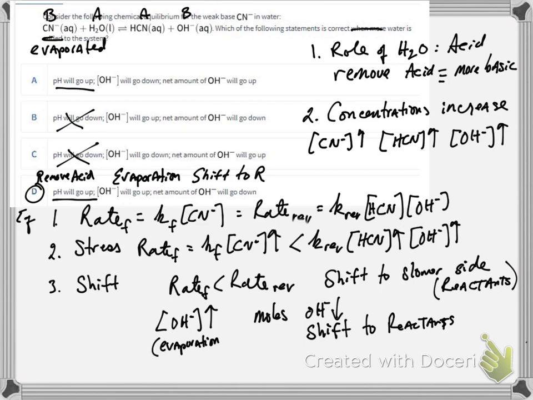So under evaporation, the concentration of hydroxide ion will go up, but because there's a shift to reactants consuming OH minus, the product, that's why the moles, the net amount of hydroxide ion, will go down.